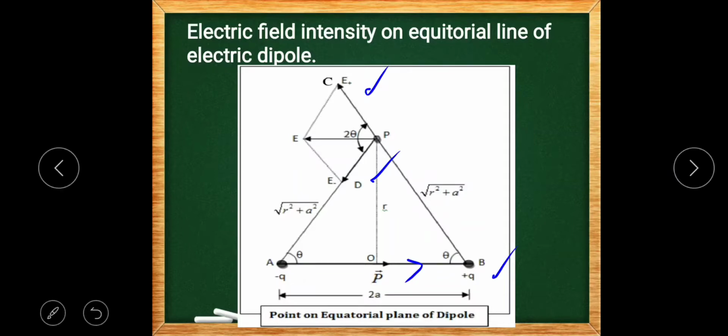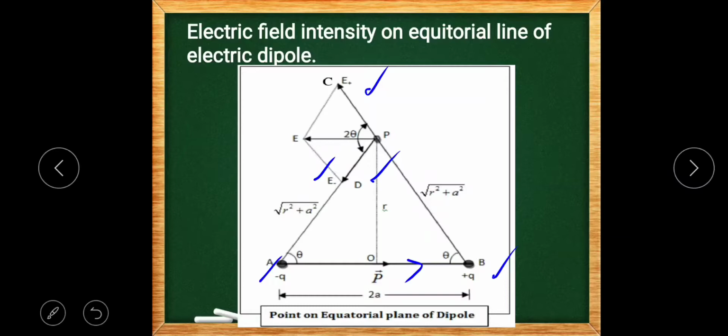In a similar way, the electric field due to negative charge minus q is radially inward. It is represented by PD. Now, these two electric field intensities are acting in different directions.